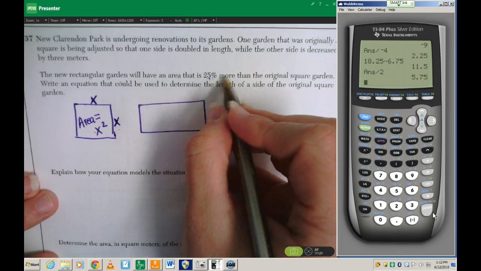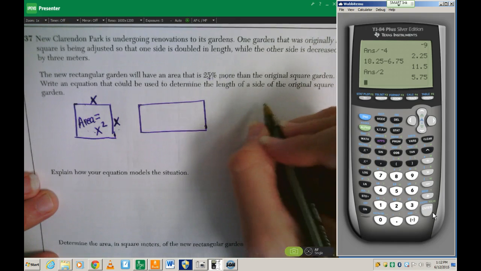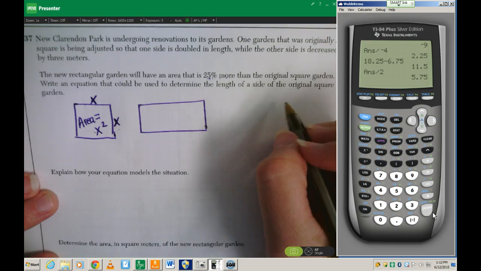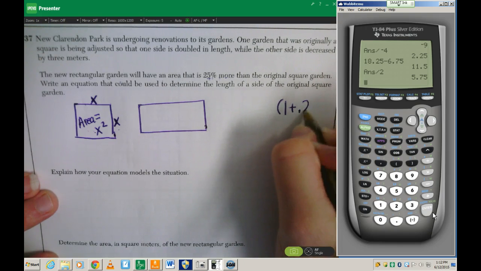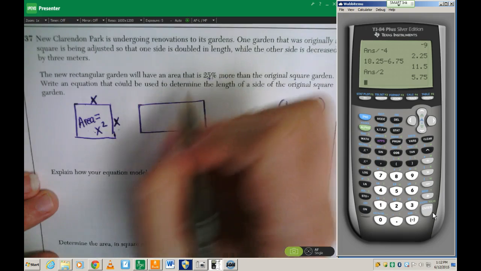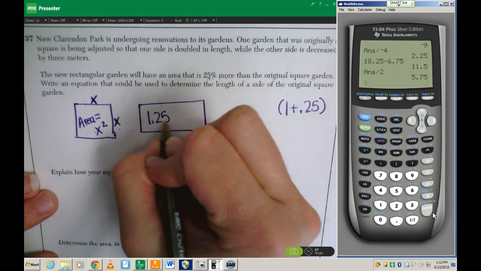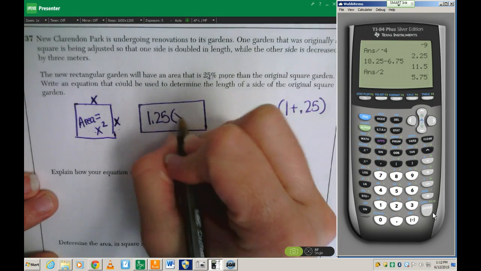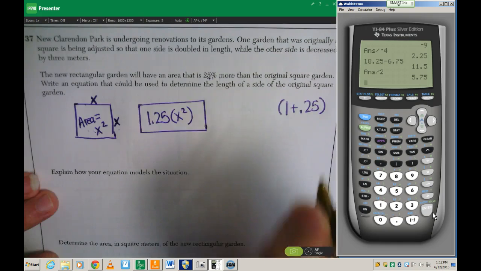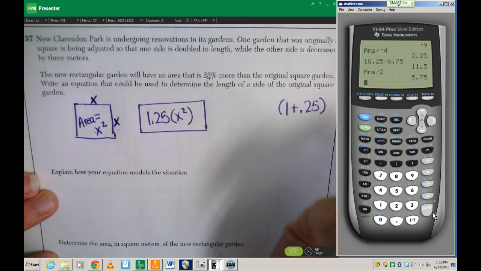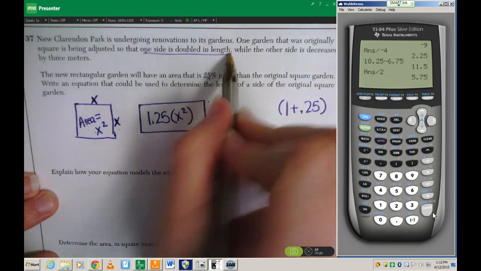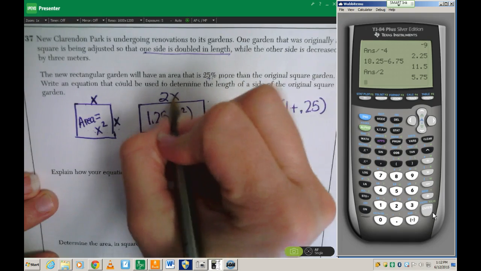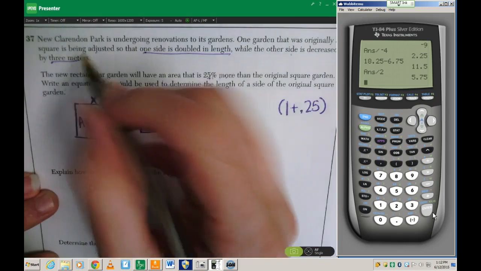So if it's 25% more, think of the A-CED formula, so I know it's going to be the whole thing plus another 25%. So that means this is going to be 1.25 times the area here, or 1.25x squared, either one. And it says that this is going to be double the length of this one, and the other side is decreased by 3.